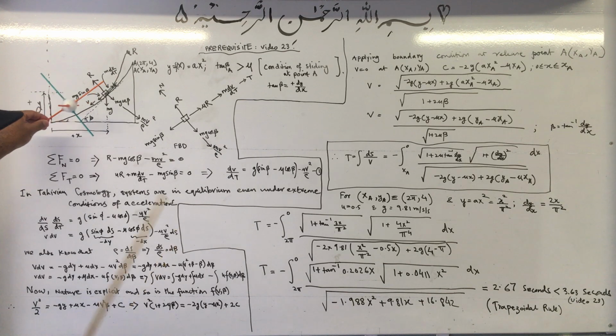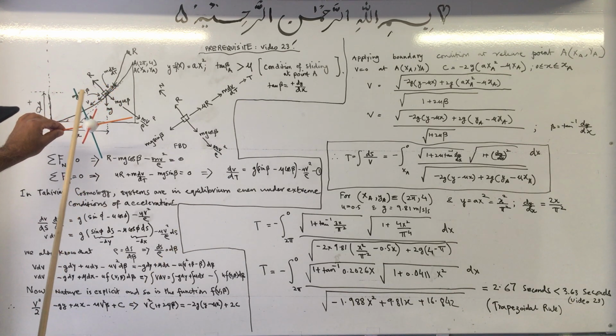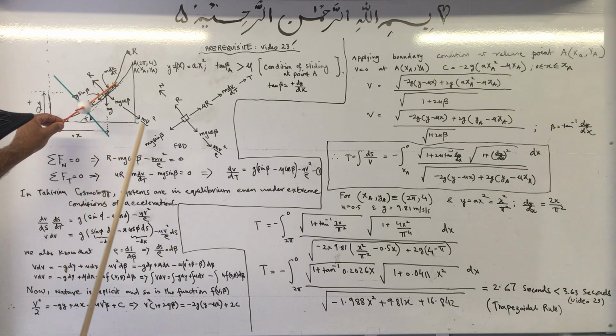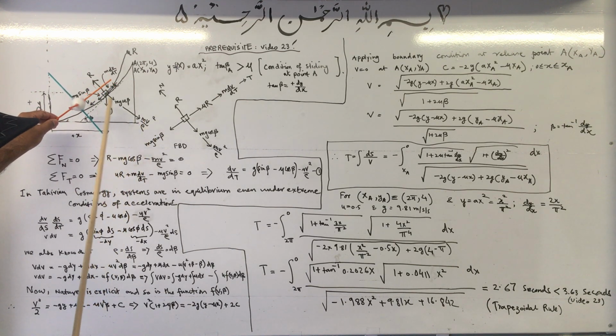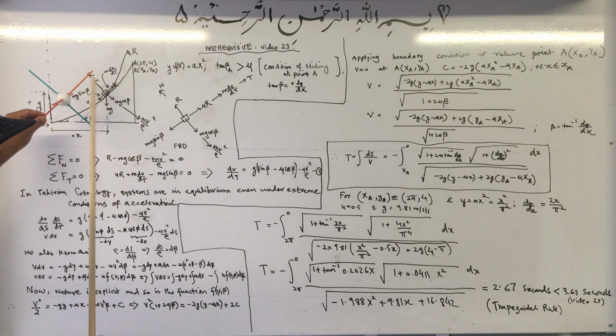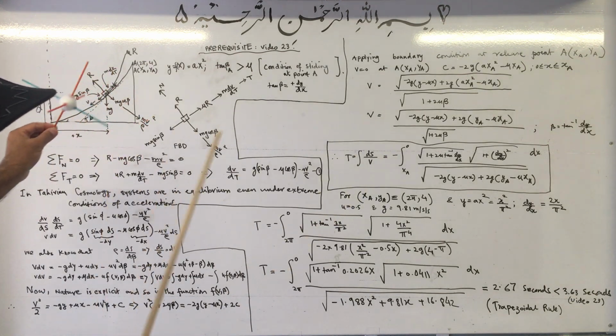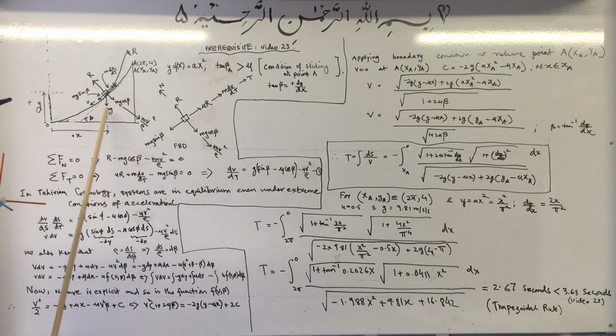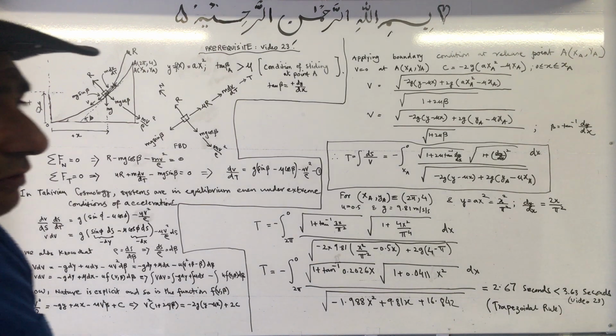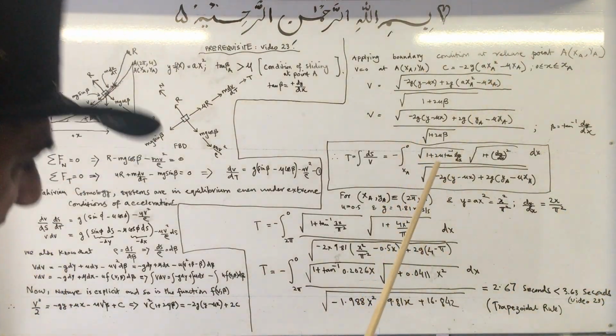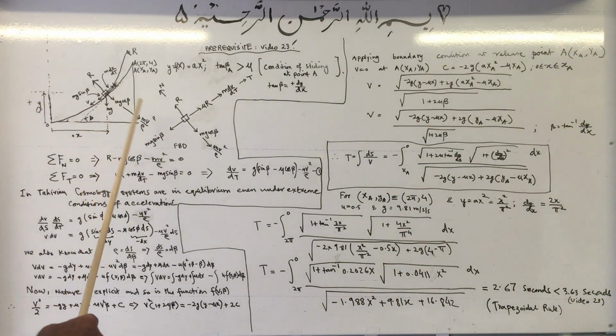The body is going like this. So this force, this is R. This force is mv square over rho, and this is the combination regarding the couple. This one, and there is another force acting, mg cos beta, which is the component of the force acting on it by the earth.